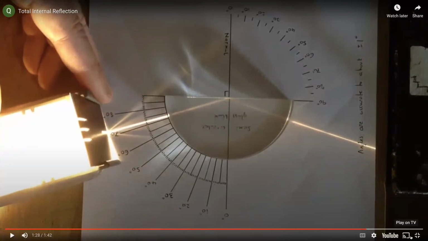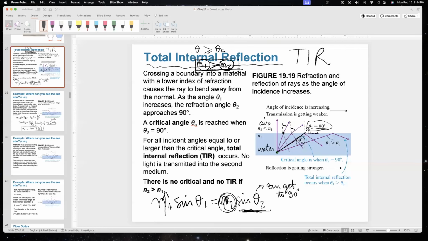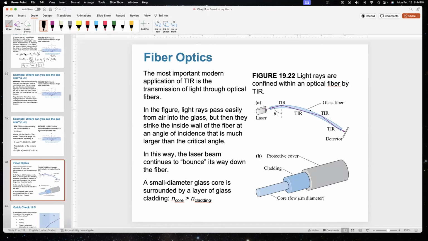Very cool. Hopefully you understood this idea. So what are some applications of this in fiber optics? Fiber optics is carrying information. You don't want the information to lose intensity. So you want the information to stay trapped and perfectly reflect through the walls of the fiber optics and never go away.